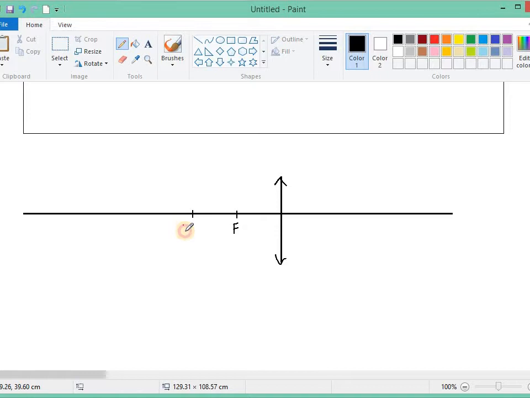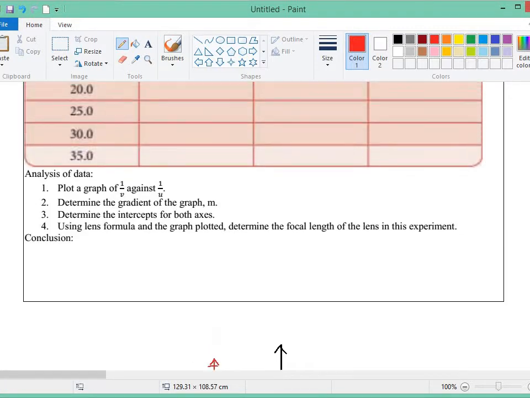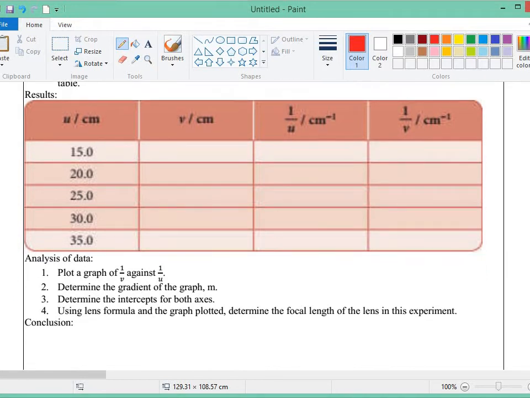This is 2f, double the focal length. From here to here will be 10 cm, and here to here will be 20 cm. So the first place where the object is placed is here, 15 cm. Then after that, go to 20, 25, 30, 35.